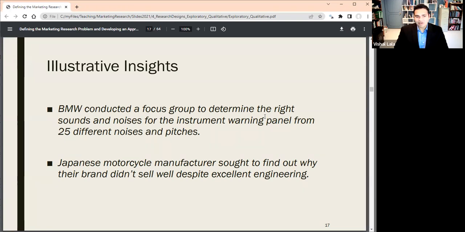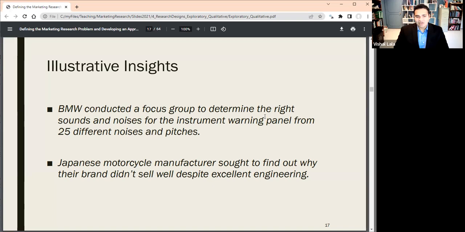So BMW conducted a focus group interview and had participants listen to various instrument panel warning sounds. They had 25 of them to gain feedback from respondents on, and ultimately they zeroed in on one that they felt was most symbolic of a BMW.